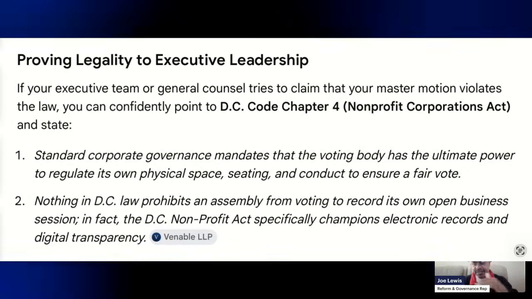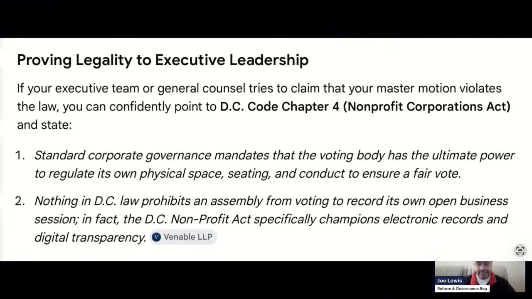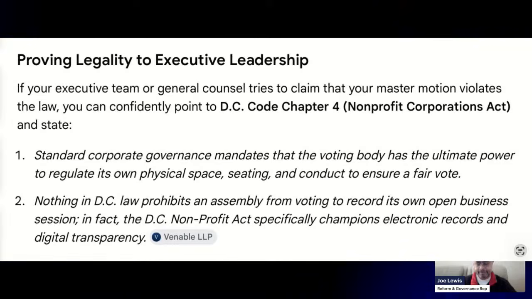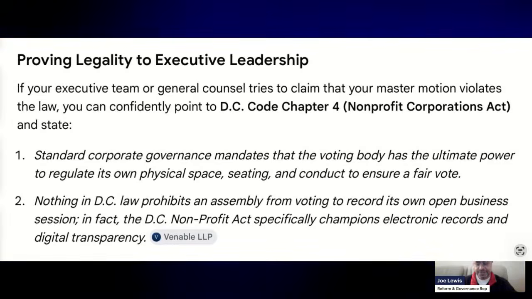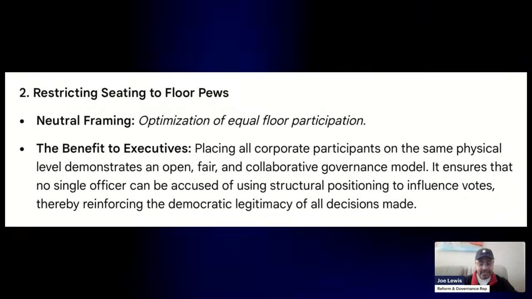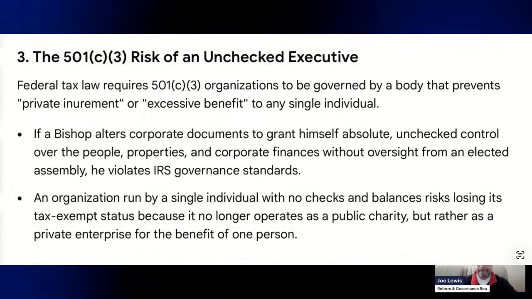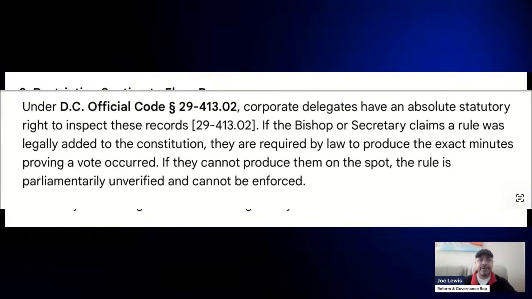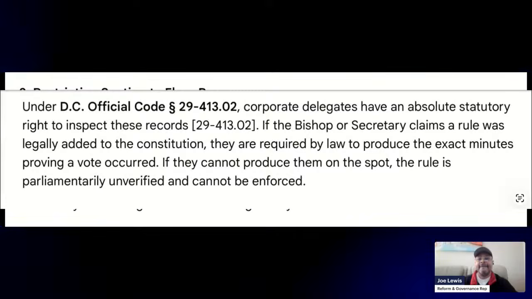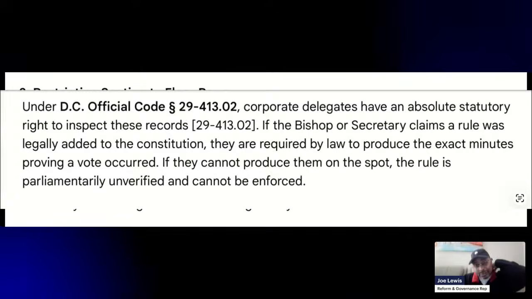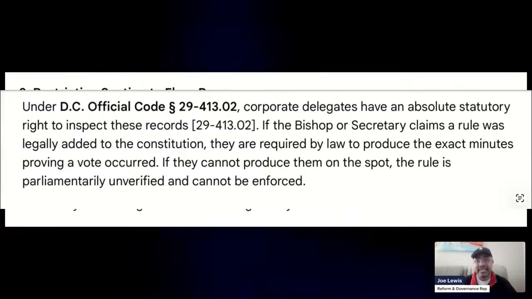Do you see, under DC Official Code, a frame that says under DC Official Code, corporate delegates have an absolute statutory right? There we are. Yes. Under DC Official Code, corporate delegates, you are a corporate delegate.